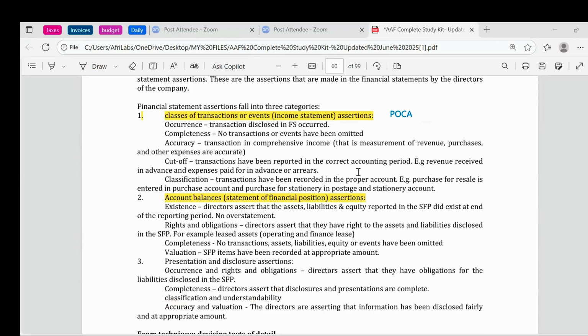Okay, so the P in POCA means presentation. Then O means occurrence. Then C means classification. And then A is accuracy.